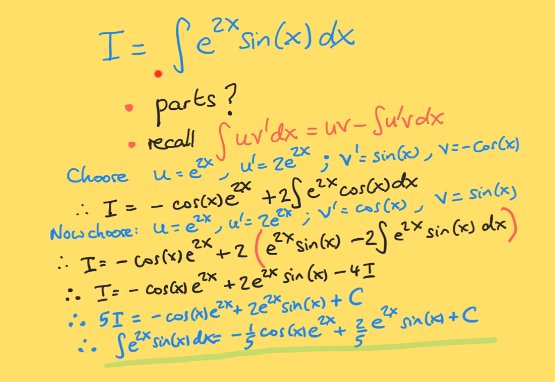In examples like this, we use integration by parts to turn our integral into an equation relating our integral to algebra and our integral, and that just gives us the result for the integral. So it's very good practice to differentiate this result and see if we obtain the original integrand, and if we do that a lot, we will become very good at differentiation. So let's do that on the next slide.